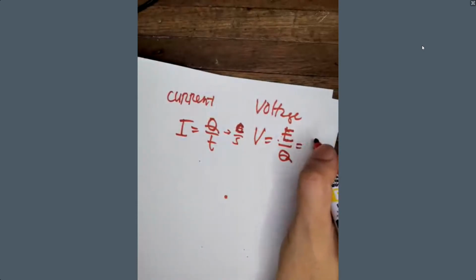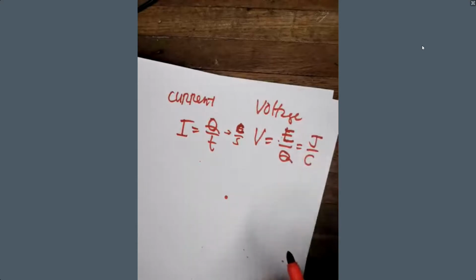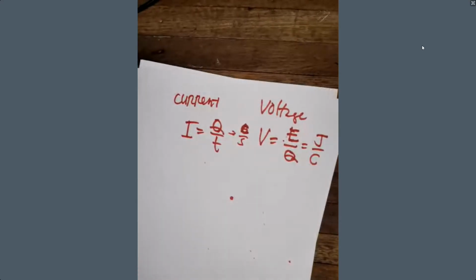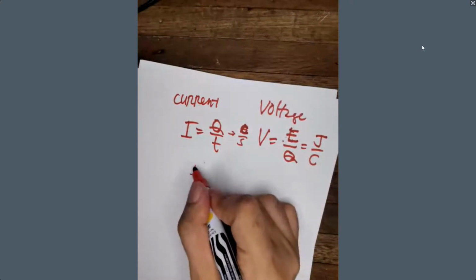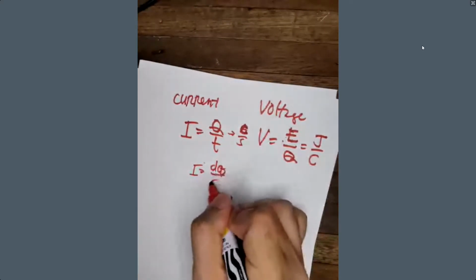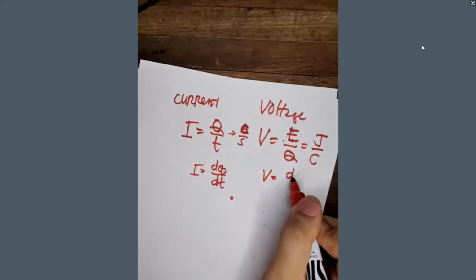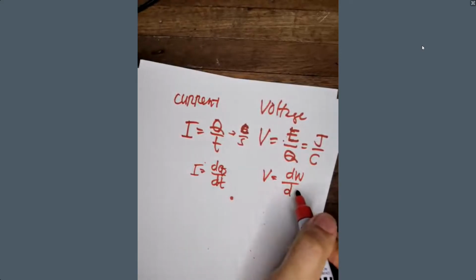And this is joules per coulomb. And the voltage is equal to the derivative of the work or the energy over the derivative of the charge. So kung ang I is dQ over dt, ang V naman is dW over dQ.